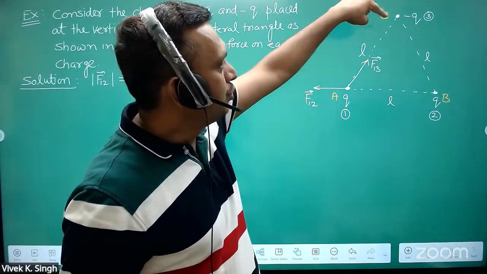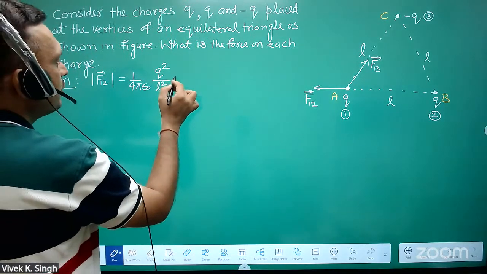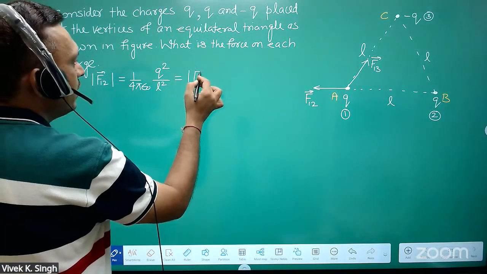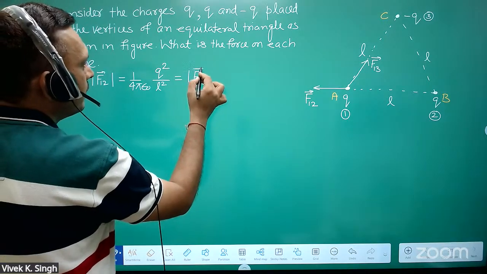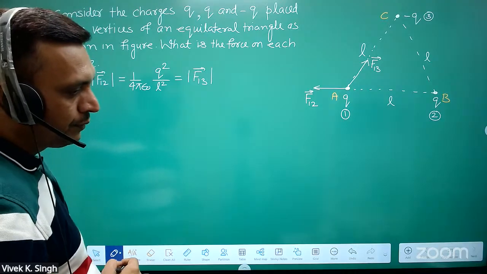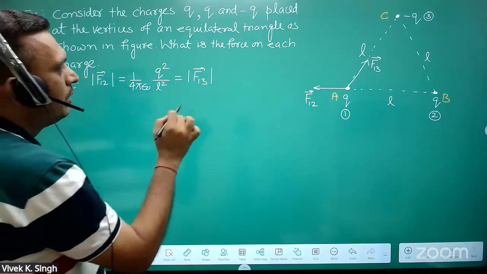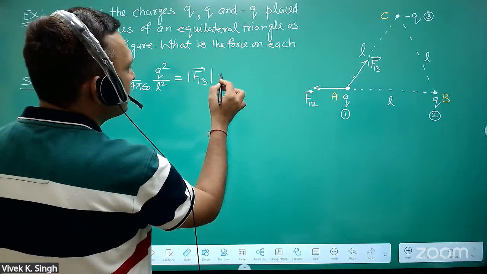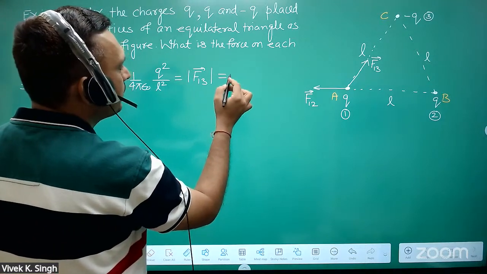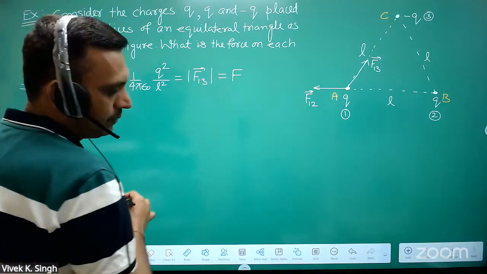F13, so the magnitude will be the same. This magnitude is also the same. Okay? Magnitude of F12 is the same as F13. Let's write this magnitude as some constant value F.